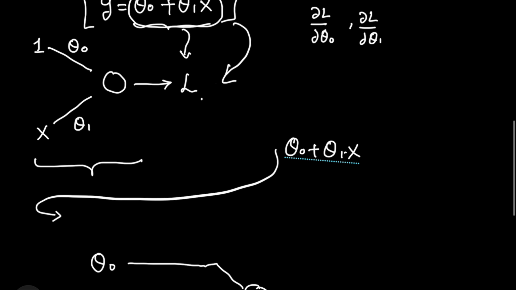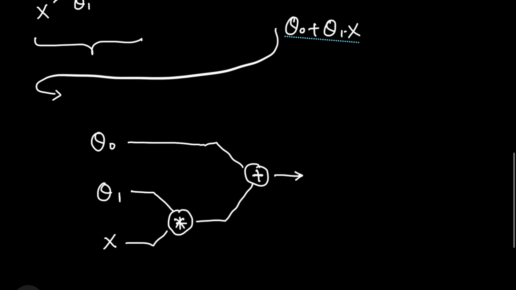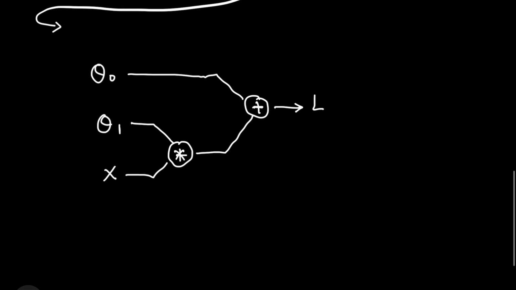Using that output we calculate the loss, which I am representing with L. In order to compute the gradient with respect to theta naught and theta 1, we will use the chain rule. Now what is the chain rule?